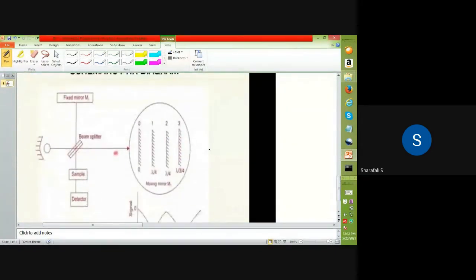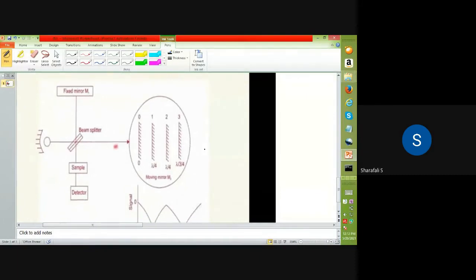Now we'll explain those concepts with the moving mirror. So we have this fixed mirror here and moving mirror M2 here.